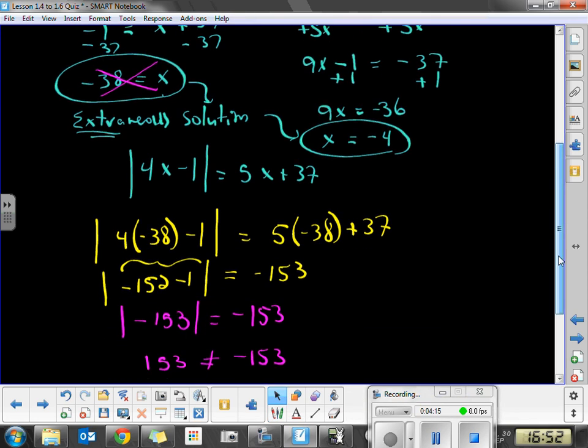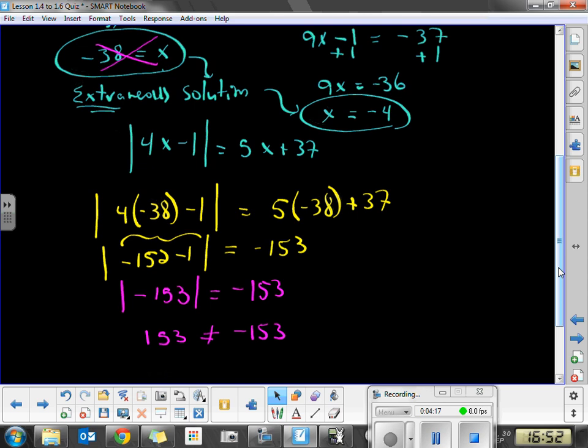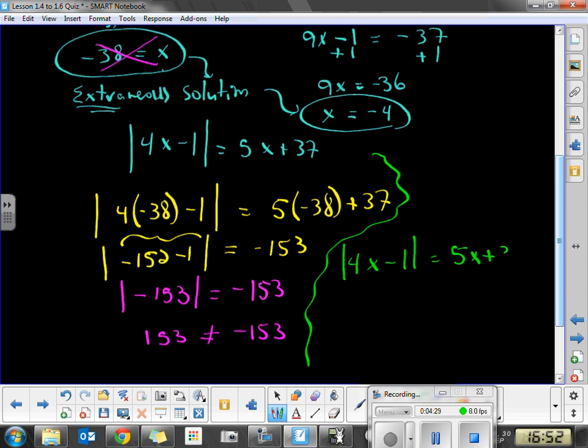Now I've got to plug the same thing in and do the same type of procedure for our negative 4. So the absolute value of 4 times x minus 1 has to equal 5x plus 37. I'm going to plug in a negative 4 for x. So the absolute value of 4 times negative 4 minus 1, is that equal to 5 times negative 4 plus 37?